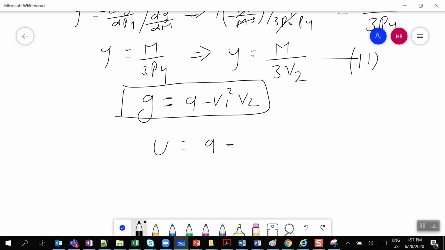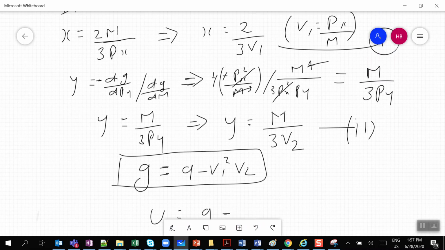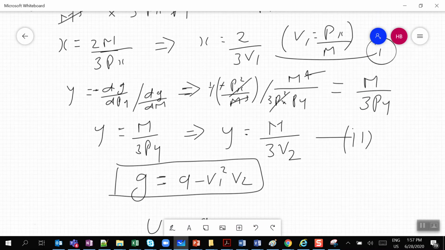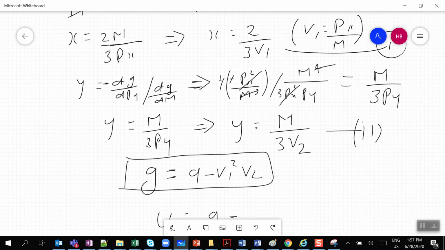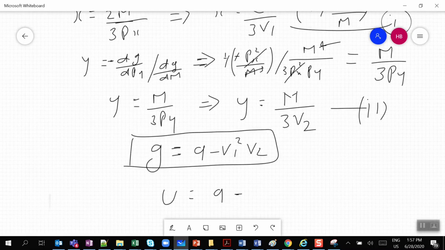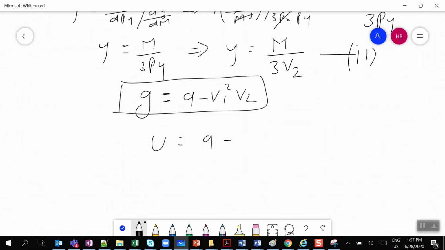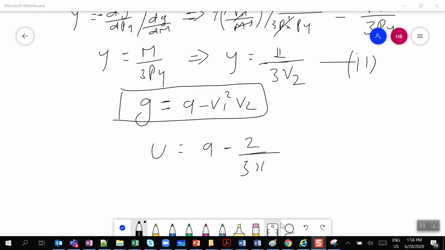You have derived v1 equal to 2 by 3 x, and v2 is equal to 1 by 3 y.